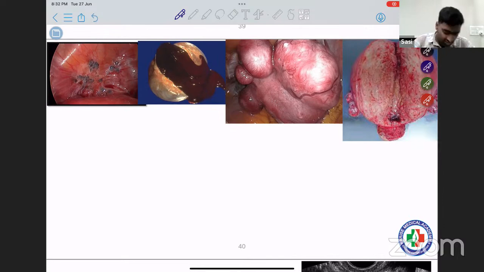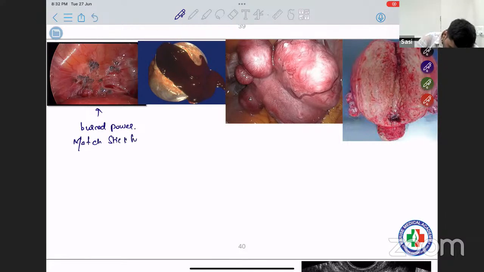First one. If you see this thing, where you will be able to see this bone powder appearance on the laparoscopy, the matchstick head appearance of these deposits of this functioning endometrium outside the uterus, which condition is it related to?